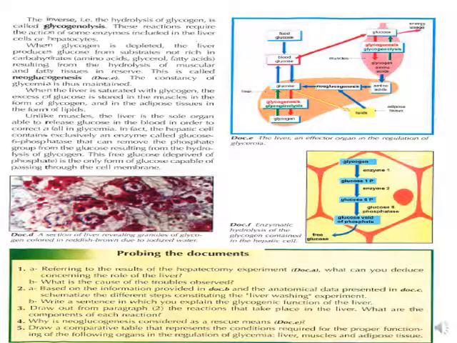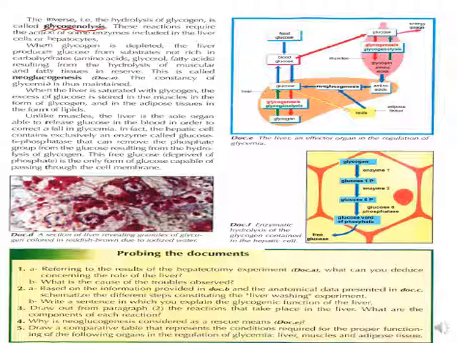The inverse, the hydrolysis of glycogen. Lysis, it's the lysis of, or the hydrolysis. The hydrolysis of glycogen is called glycogenolysis. So glycogenolysis is the lysis of glycogen. These reactions require the action of some enzymes, including those of the liver cells, which are called hepatocytes.